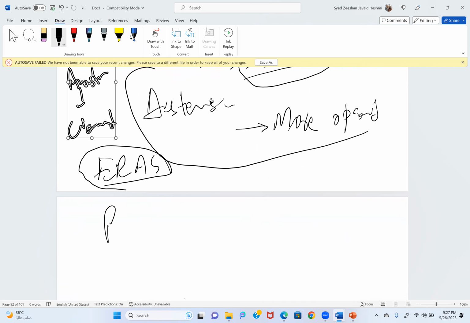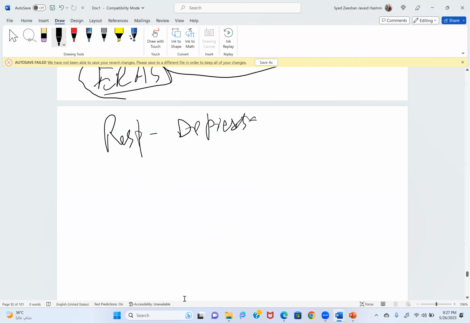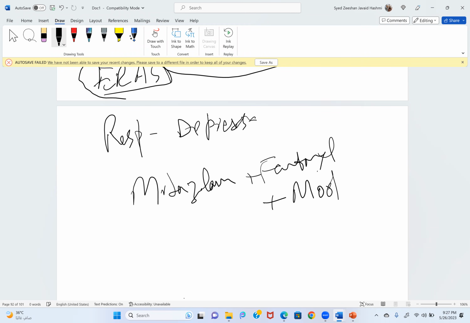Then respiratory depression. Okay, respiratory depression. Especially the combo you are using in majority of patients, we are giving midazolam. Okay, and we are giving fentanyl, and then there is pain, and we give morphine.